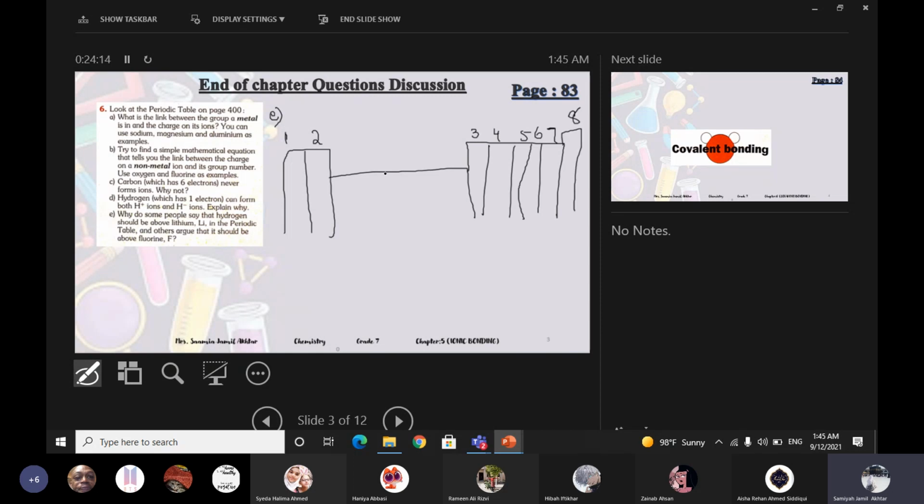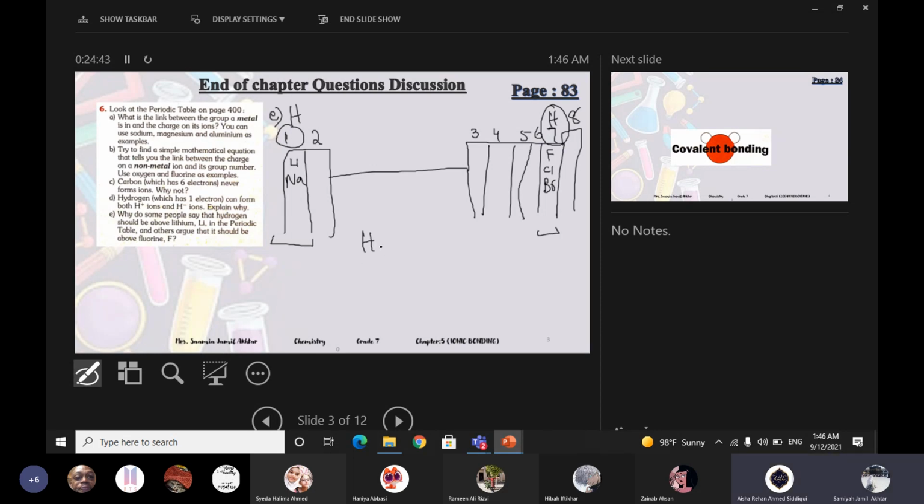Group 1 has lithium, sodium in it, and group 7 has fluorine, chlorine, bromine in it. Some people argue that hydrogen should be here in group 1, and others say that hydrogen should be here in group 7. Why is it so?